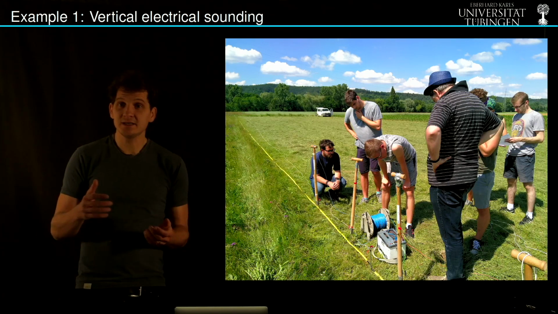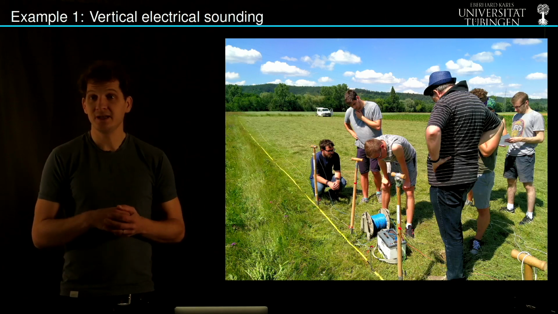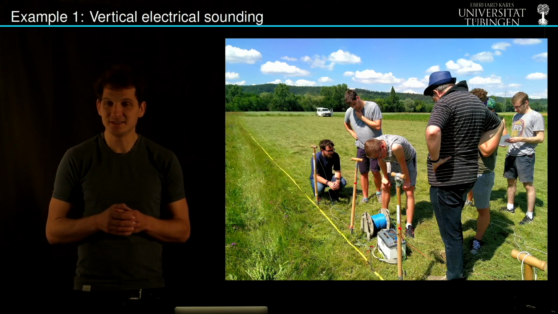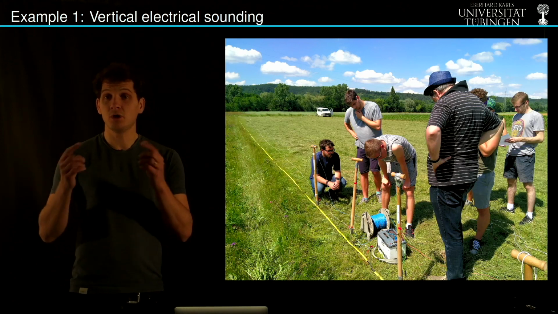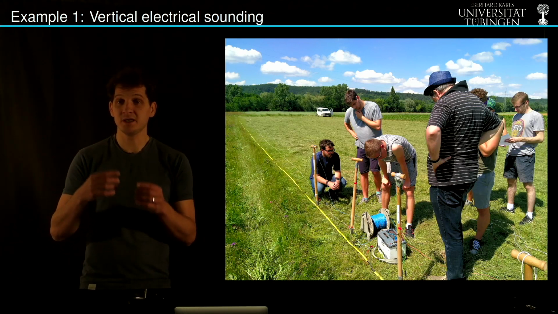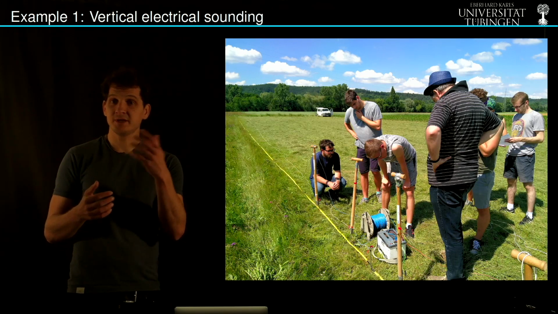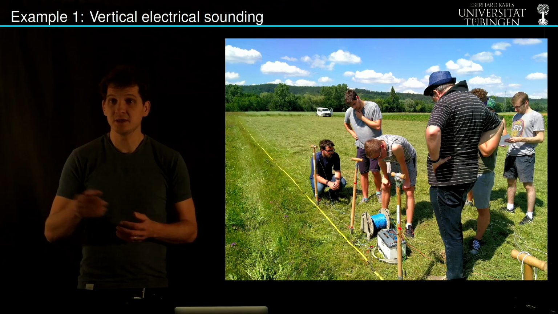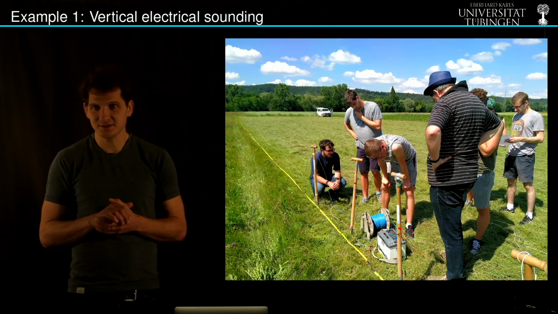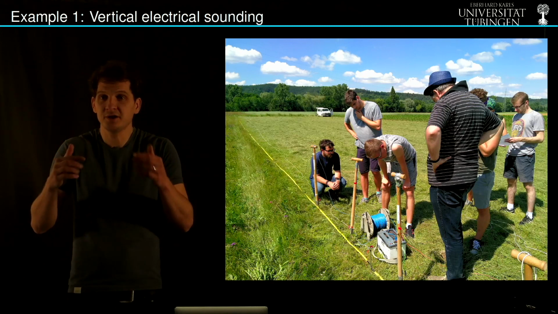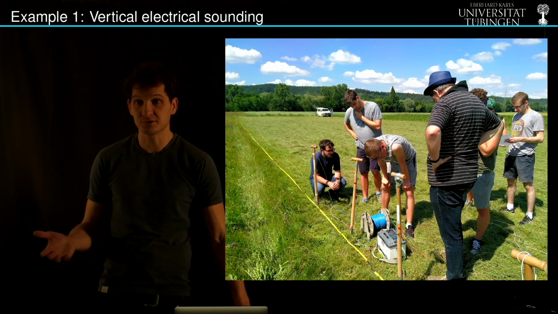So the way this is done is that you induce a DC electrical current, and here you do this via electrodes attached to these wooden poles, and you also measure the corresponding potential drop at the surface, and by relating the potential drop to the induced current, you can derive a quantity that you call apparent resistivity, and this apparent resistivity is again a function of all the resistivities in the subsurface.